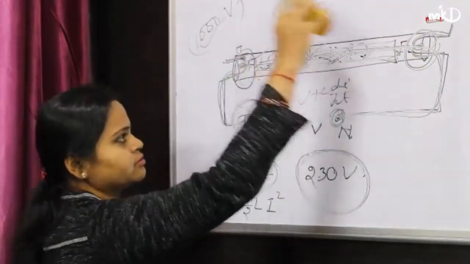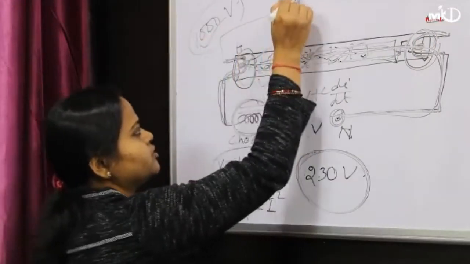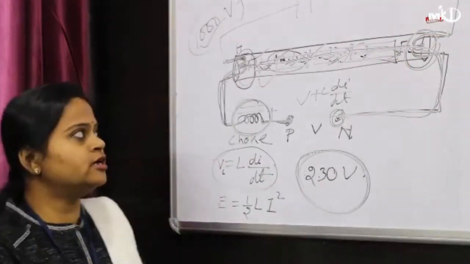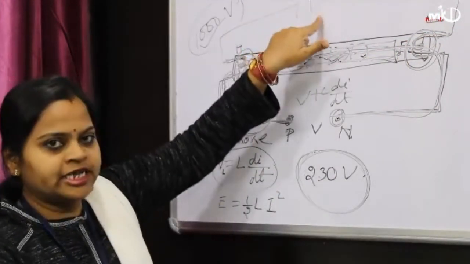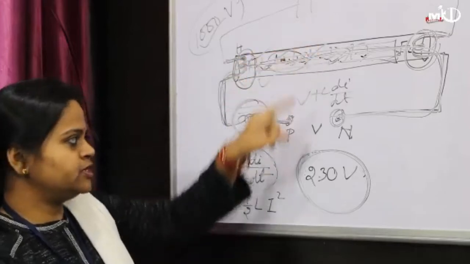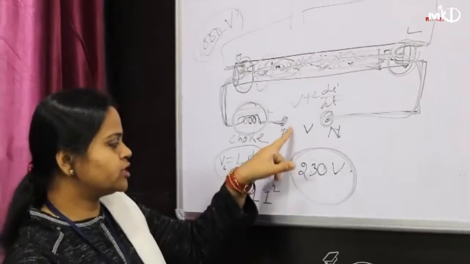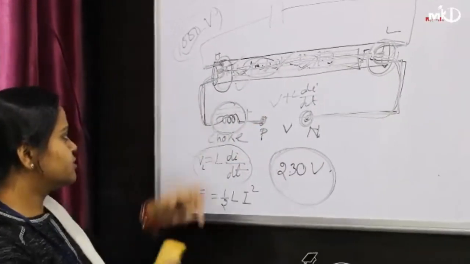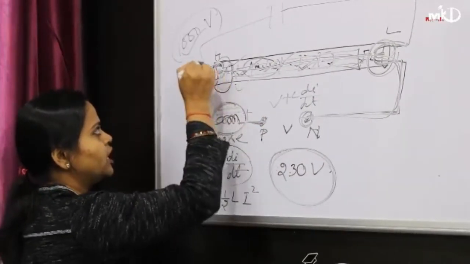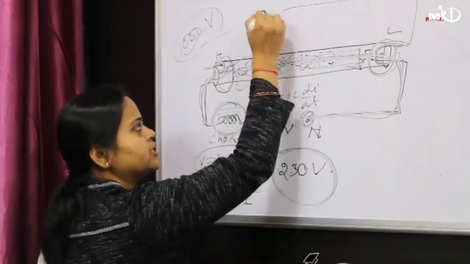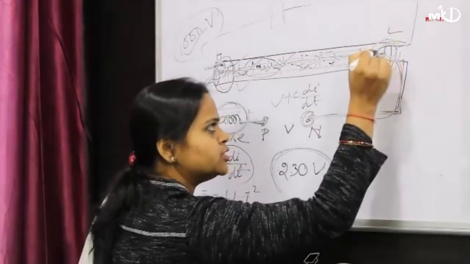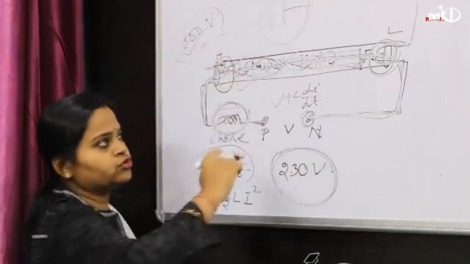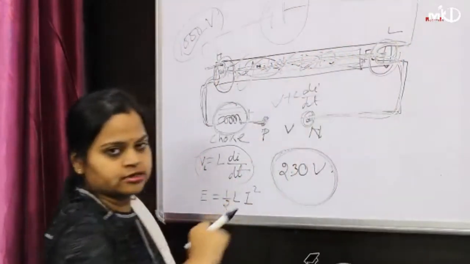It's not needed once it is working. The starter is only the connecting path at the positive half cycle. Initially, when the 230 volt supply is there, current flows through the choke, filament, this starter, and filament 2 back to the supply. So at the initial condition, the starter is required to complete this circuit.